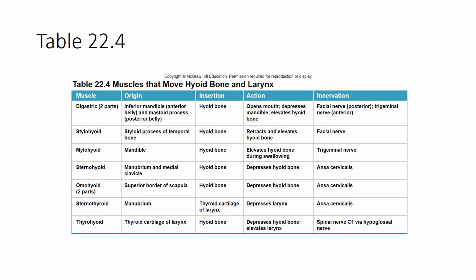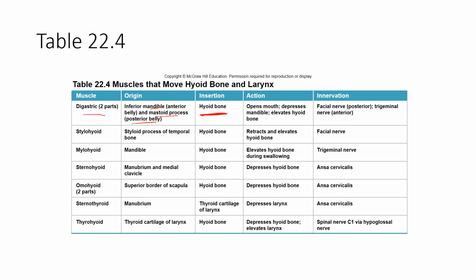What about the muscle function right here? That will be the digastric, the two parts. The origin will be the inferior mandible for the anterior belly, and the mastoid process for the posterior belly. So in the inferior mandible, you have the anterior belly origin, and in the mastoid process, you have the posterior belly, and the insertion will be the hyoid bone, of course. You know the hyoid bone, the only bone that does not attach to another bone in the skeleton.